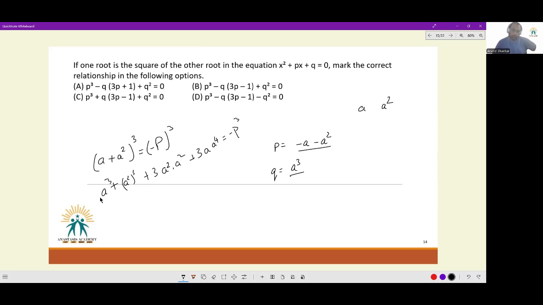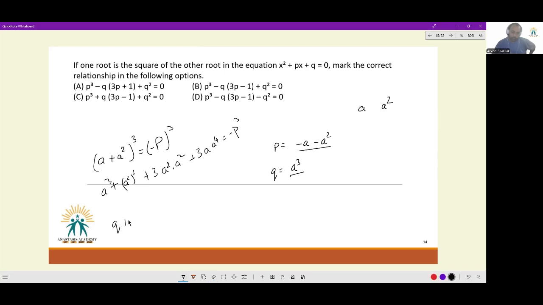Which gets us to, now see, I know A cube is replaced by Q. A cube is replaced by Q. So I can replace it, with P cube coming to this side. First let me write it down, plus A square is nothing but Q square. Okay.